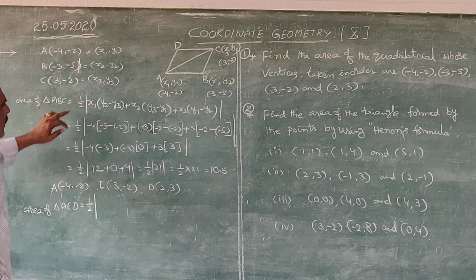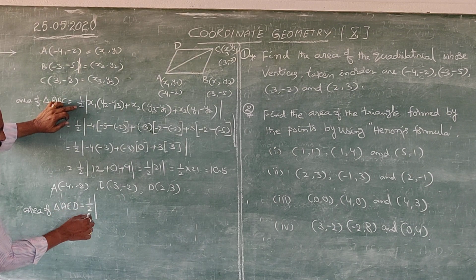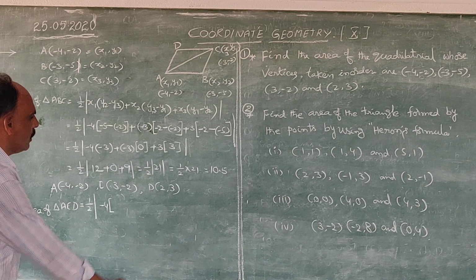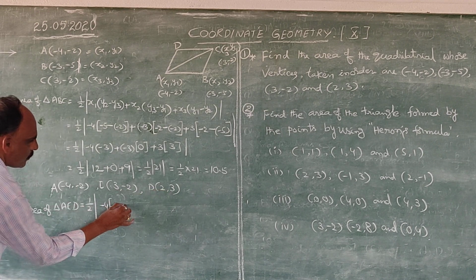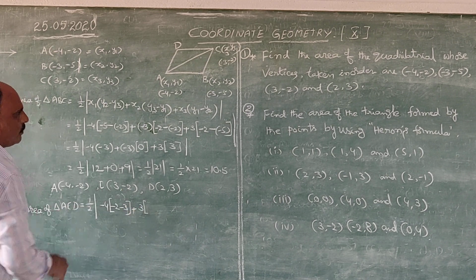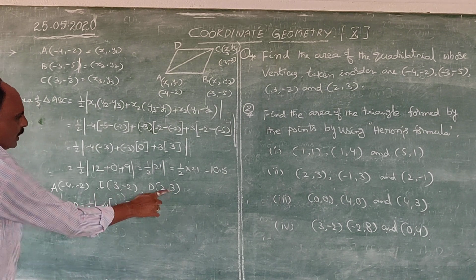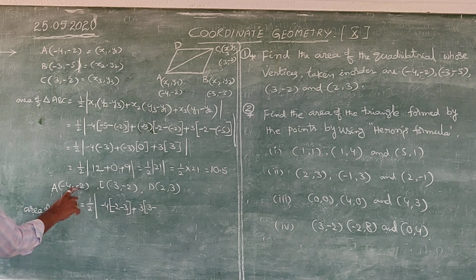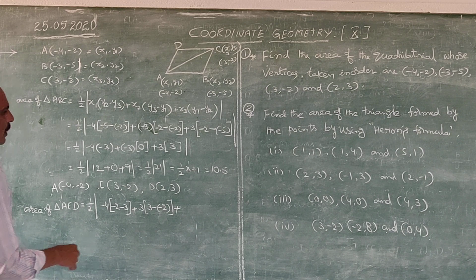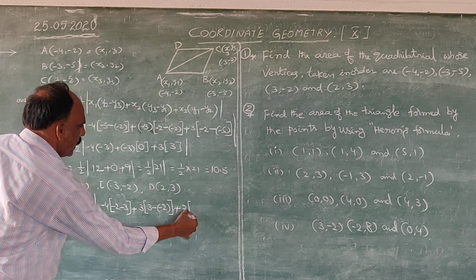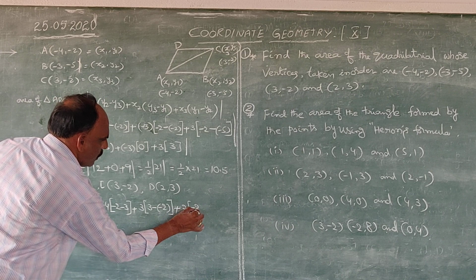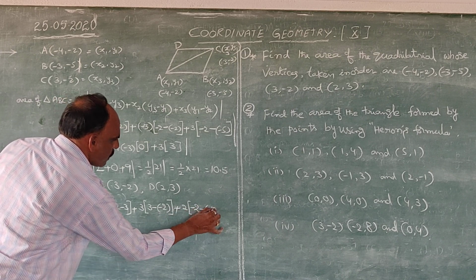When values are substituted, half into x1, x1 is minus 4, into (y2 minus y3), so (-2 minus 3), plus x2, 3, into (y3 minus y1), y3 is 3, y1 is minus 2, plus x3, x3 is 2, into (y1 minus y2), y1 is minus 2 and y2 is minus 2.